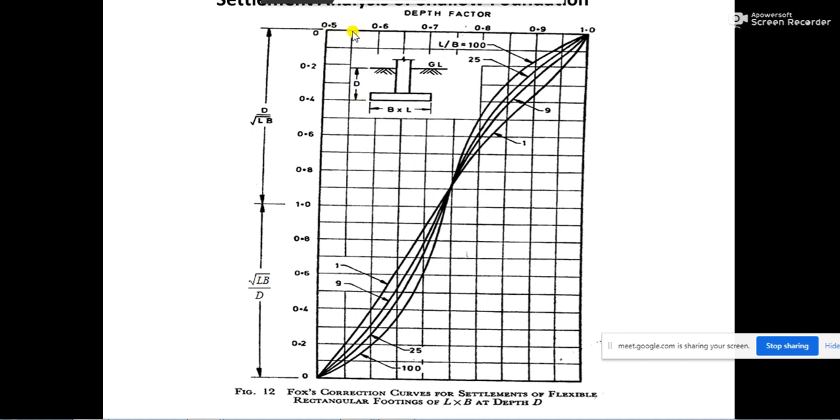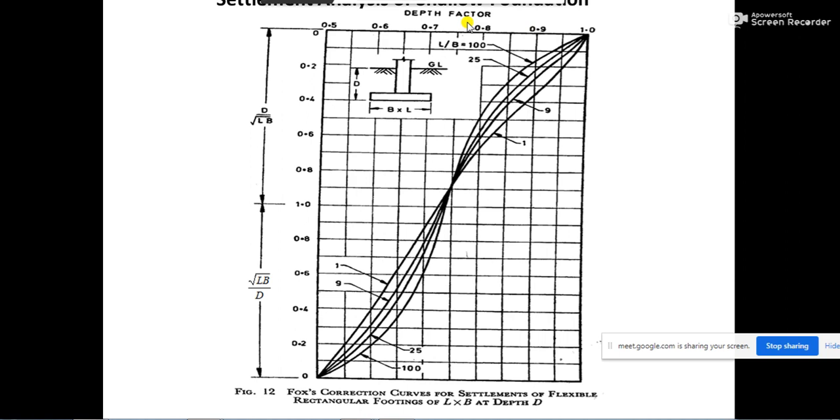So 0.5, 0.55, 0.6, 0.65, 0.7, 0.75, 0.8, 0.85, 0.9, 0.95 and 1. So from this diagram you should be able to get the value of the depth factor.